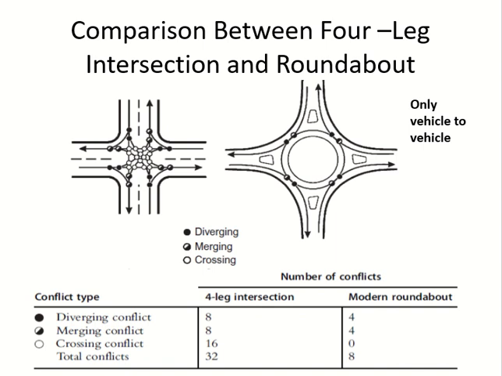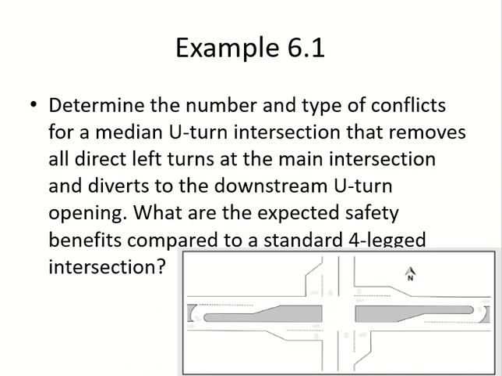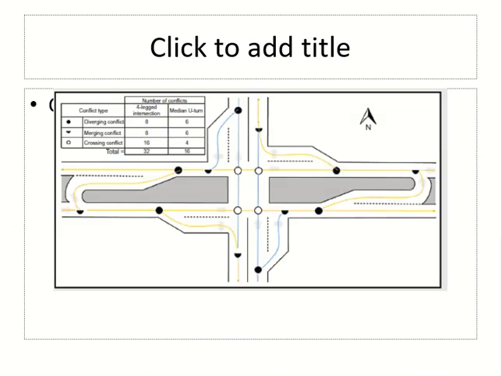And roundabout, how much? 8. Again, because it's due to the roundabout. So it will not change. So 32 for a normal four-leg intersection where all the left turnings are allowed. If you block the left turnings with U-turn medians, then you will have how many now? 16.